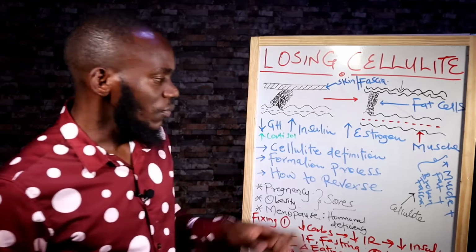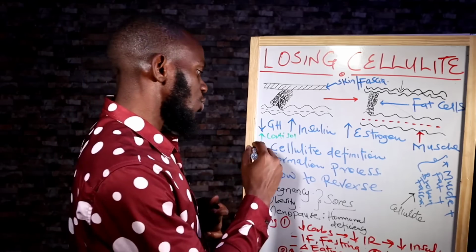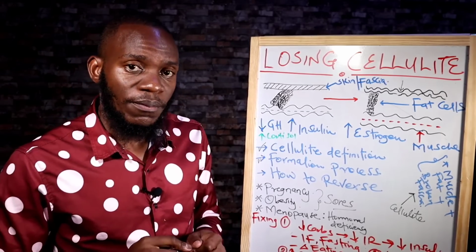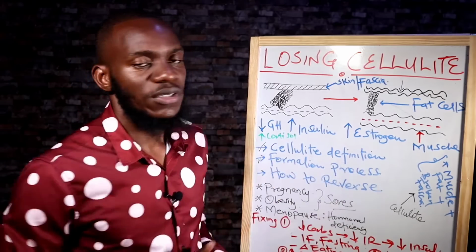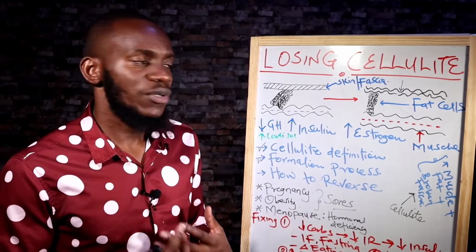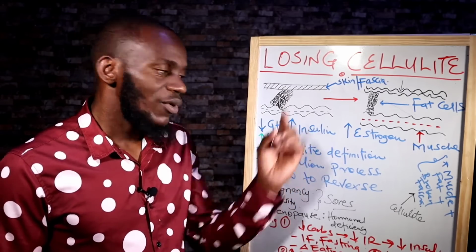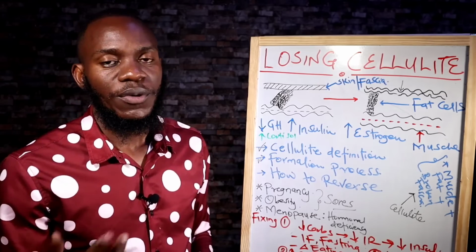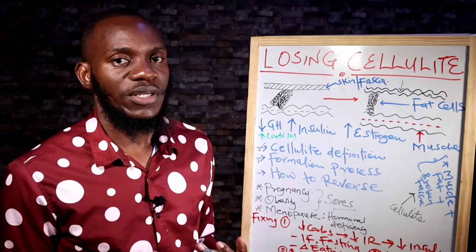Now, we've discussed already the definition of cellulite, we've already talked about the formation of cellulite, and now, basically how to reverse it. I already mentioned that these 4 hormones are involved in the formation of cellulite. So basically, a low amount of growth hormone, a high amount of insulin, a high amount of estrogen, and a high amount of cortisol are the ones responsible for the formation of cellulite.